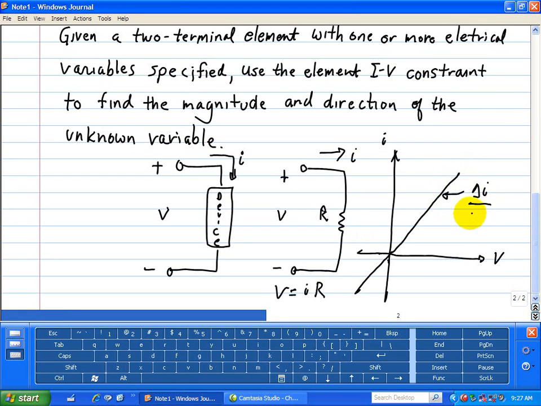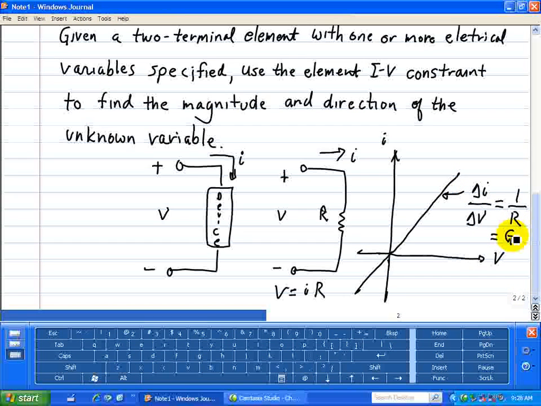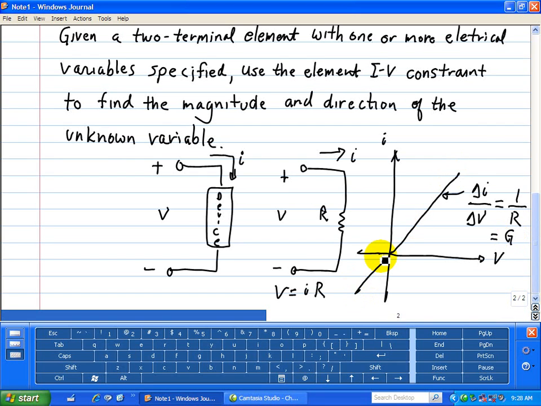So this is like the rise over the run, or delta I over delta V, which is basically the slope, and in this case it's 1 over R, and 1 over R is also known as the conductance. So the slope of this IV characteristic is conductance. So that's how we characterize our device, and we define this as our linear range.